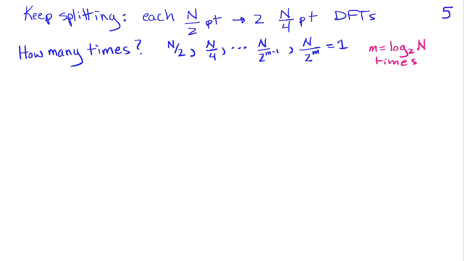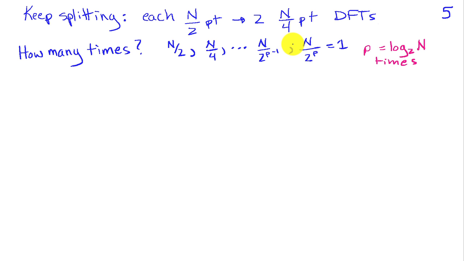Well, this splitting saved us some computation. So why not continue this process and take each of those N over 2 point DFTs and replace them by two N over 4 point DFTs. So we can continue splitting.